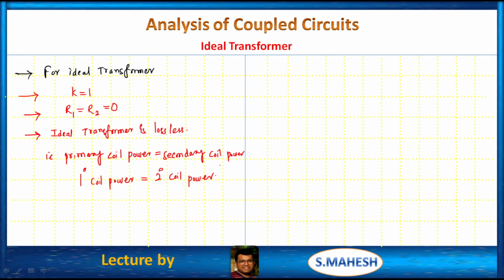So we all know that through the primary, the input supply voltage and current are V1 and I1, which is equal to V2 I2. This is about ideal transformer characteristics. We will discuss in detail while discussing electrical machines, but this analysis is due to mutually coupled circuits. With respect to this, we are providing the concept of ideal transformer with mutually coupled circuits.